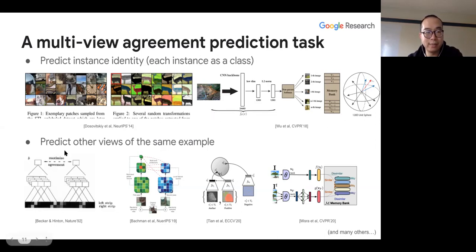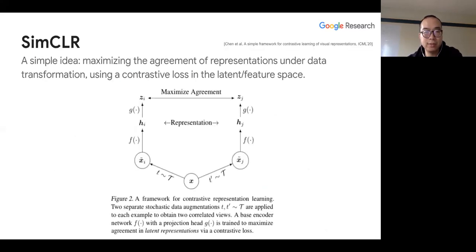And then there is also predicting other views of the same example, dating back to '92, with maximizing agreement on some script kind of data, and more recent work on different channels of images, and even CLIP, if you treat image and text as different views.